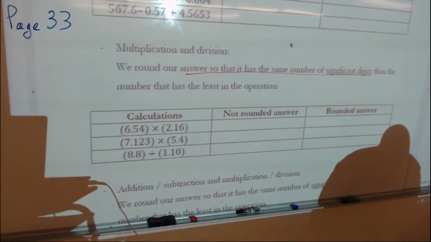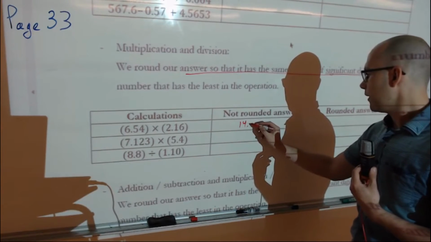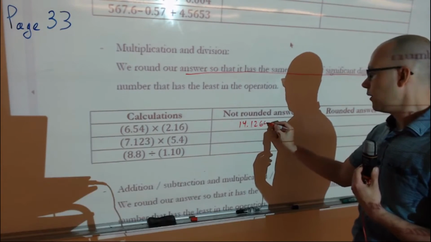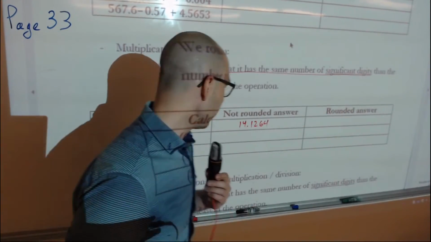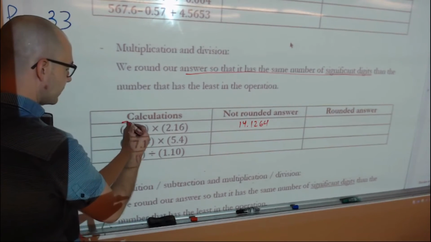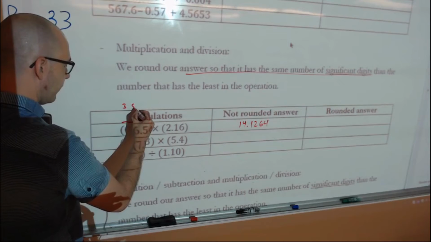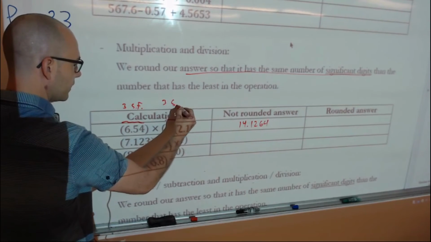So if we do the following calculation, let's look at this example. The result of that multiplication is 14.1264. This number here has 3 sig figs. This number here has 3 sig figs.